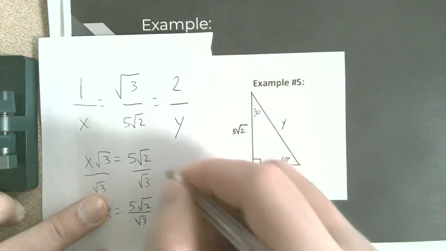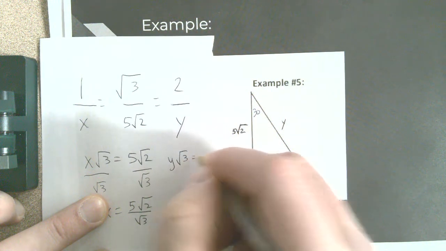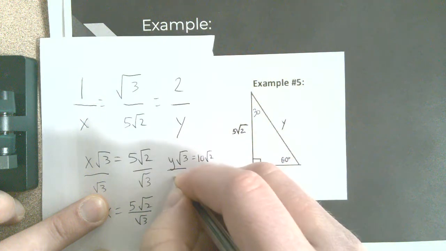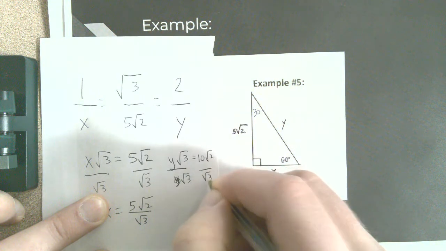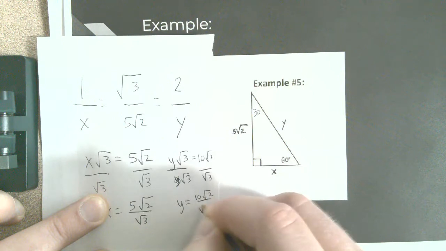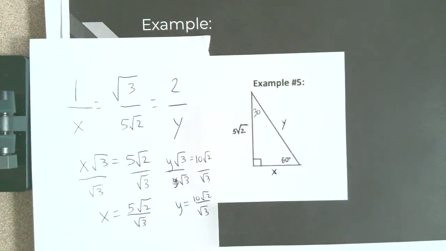And then if I'm going to solve for y, I get y radical 3 equals 10 radical 2. And if I divide that by radical 3, I get 10 radical 2 over radical 3. Okay, so again, hopefully that makes sense to you there with that.